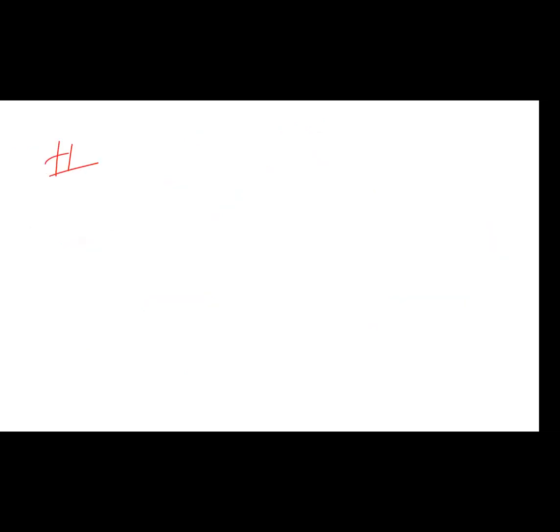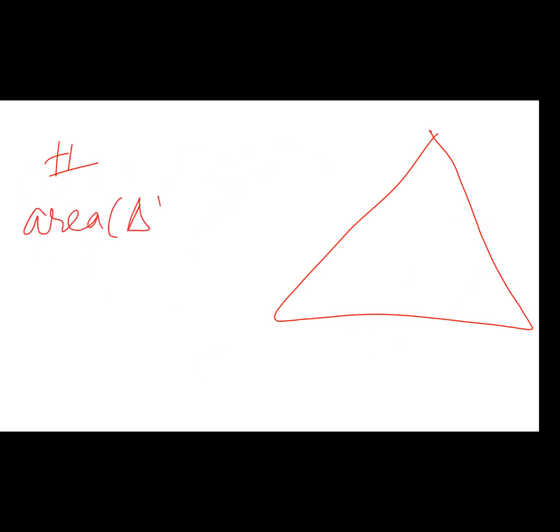And second point to be noted, if area of triangle is 0: suppose this point shifted here, then area will reduce. Again, this point shifted here, again area will reduce.